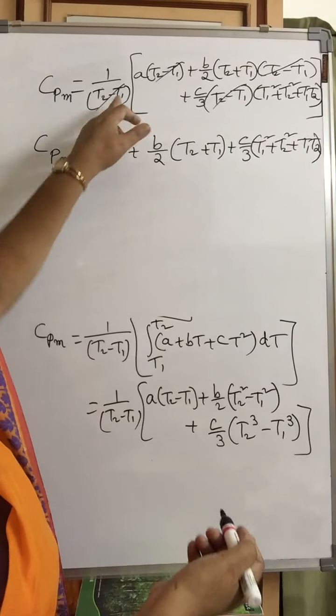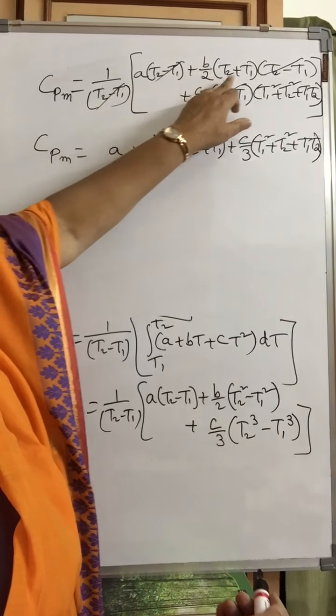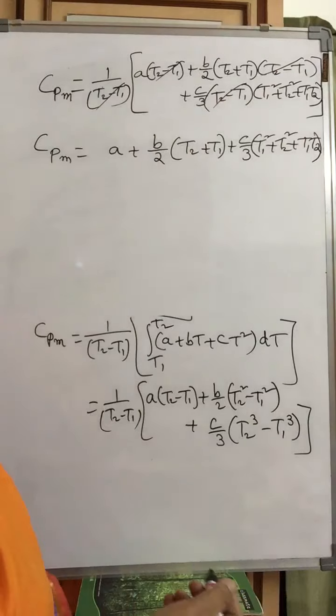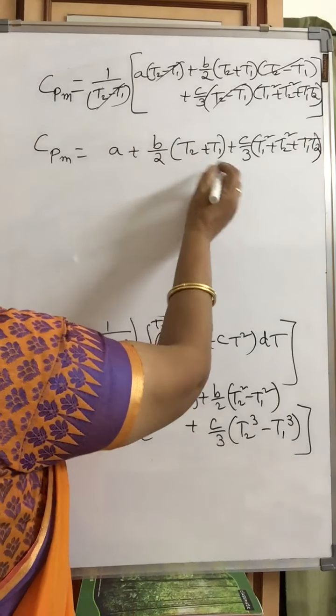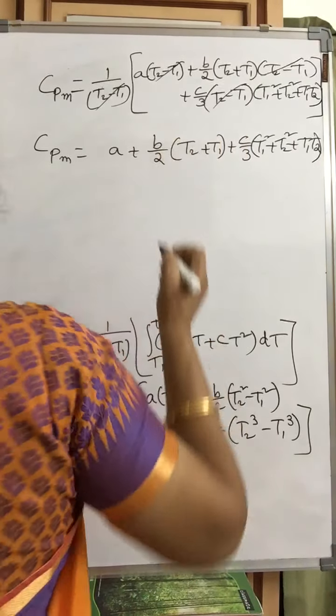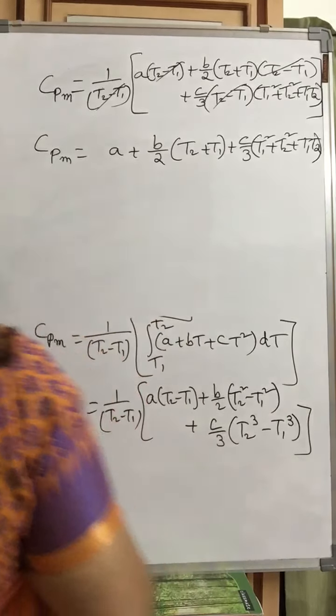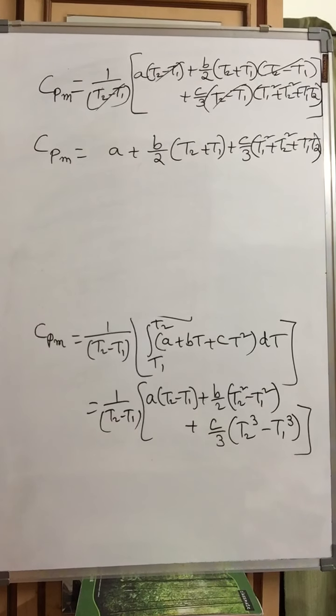But here it is a simple one, so we took T2 minus T1 common. Now all values we know: T1, T2, A, B, C. So just substitute the values.